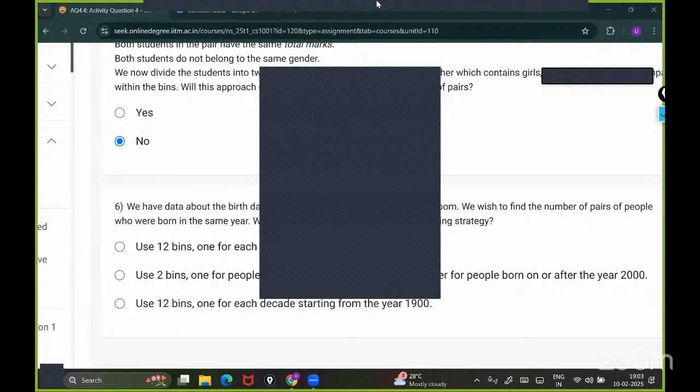Because if I talk about the pupils, generally the pupils we are talking about have a date of birth later than 1900. If we divide into 12 bins, one for each month, then we can calculate.